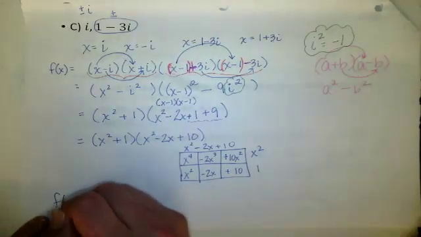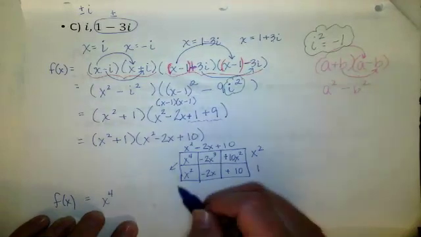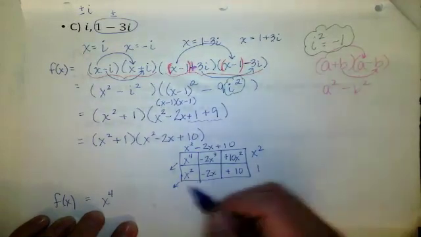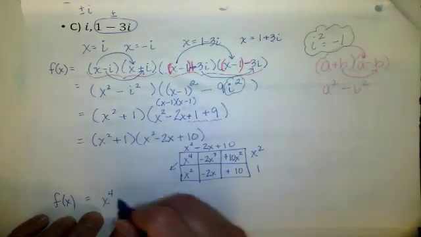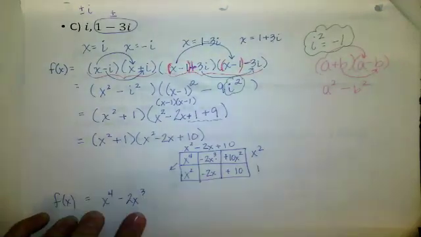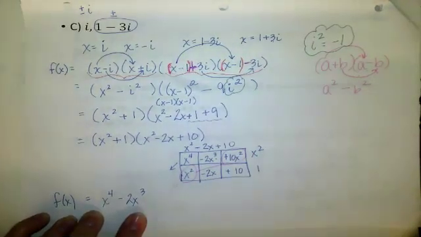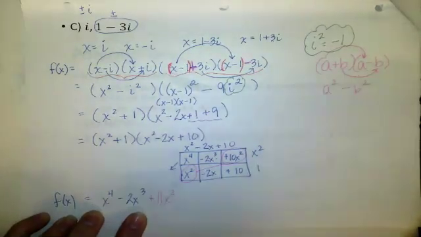Which gives me x to the fourth. Oh, things aren't really lining up like they normally do, so I have to be a little careful. Minus 2x cubed. I have an x squared and a 10x squared, which gives me 11x squared.